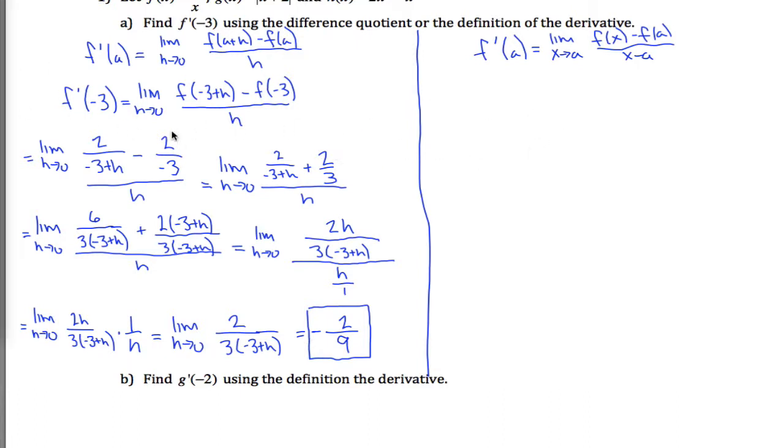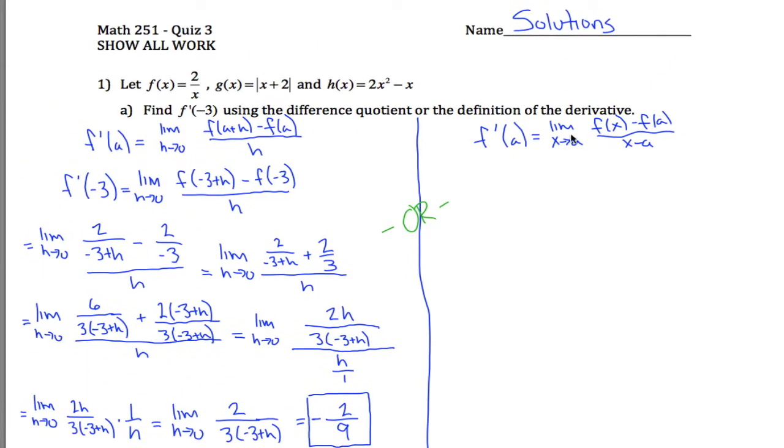Maybe I should switch colors. Or use the definition of the derivative. I need to know what f of x is, given to me right here. So I need the limit as x approaches a of f of x minus f of a.